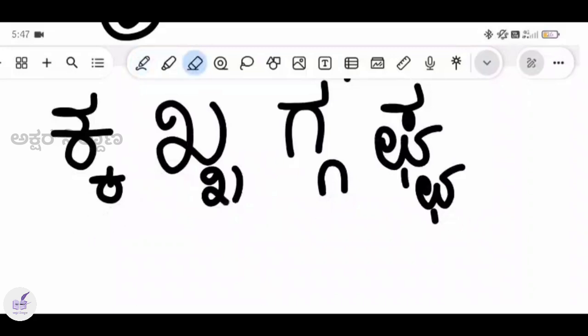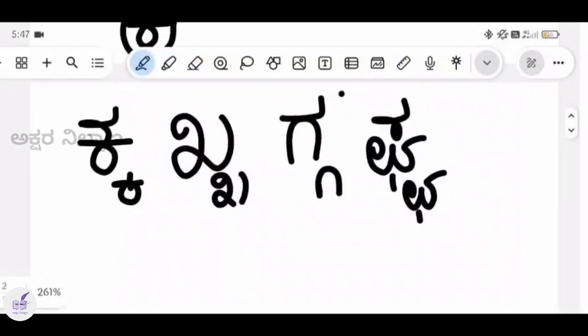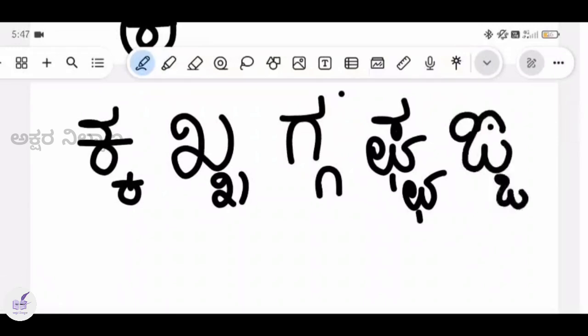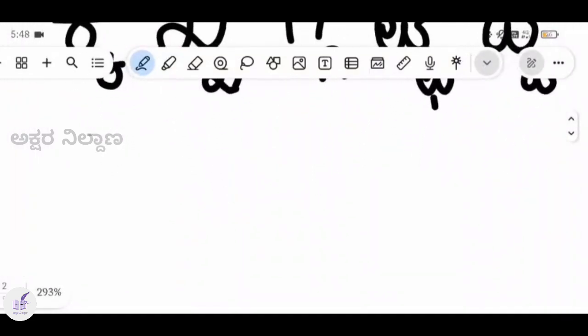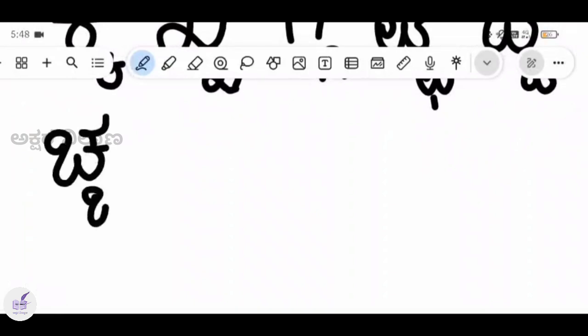In the same way, nyage, nyavattu. Okay, we are done with the first line. Next, cha. For cha, chage chavattu.